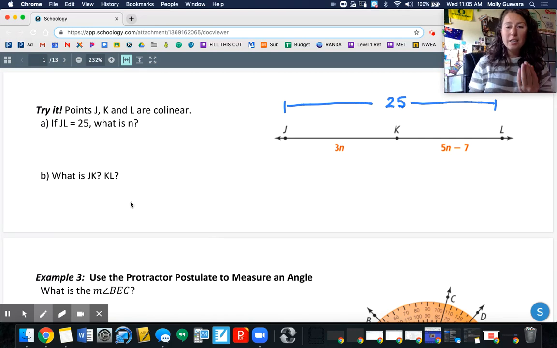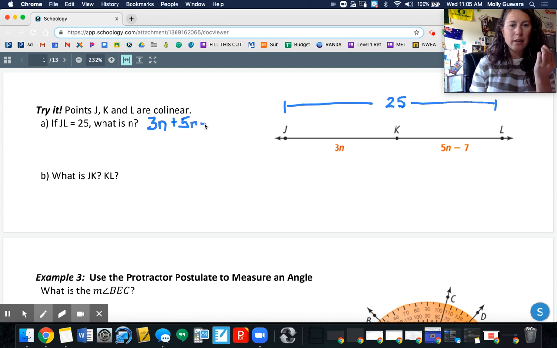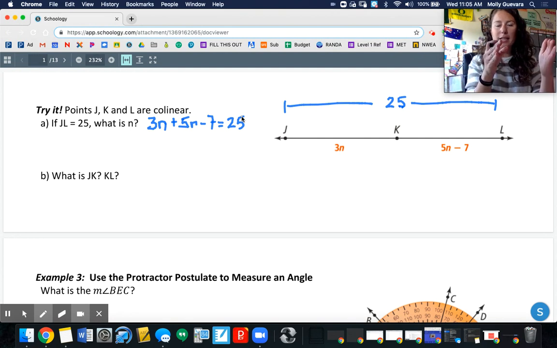So just listening to how I said that should give us an idea of the equation that we're looking at. So 3N plus 5N minus 7 equals 25.